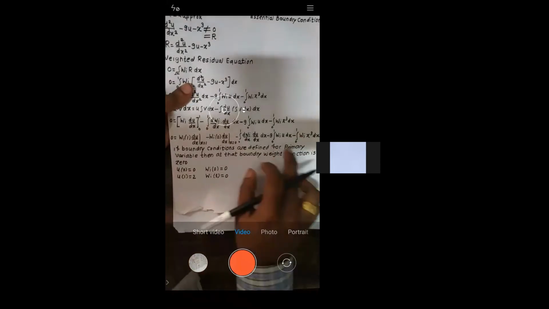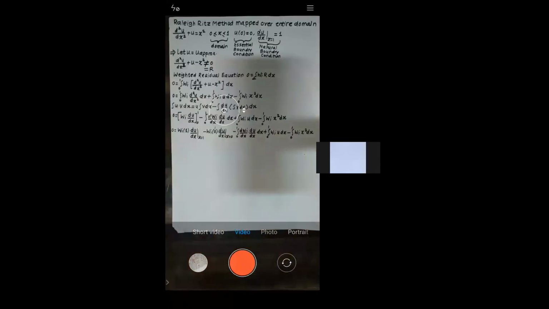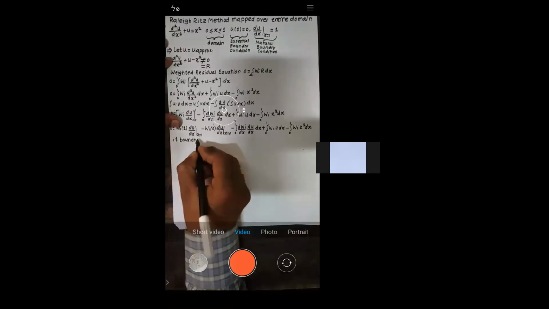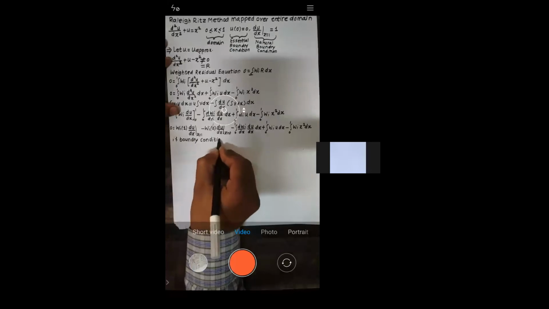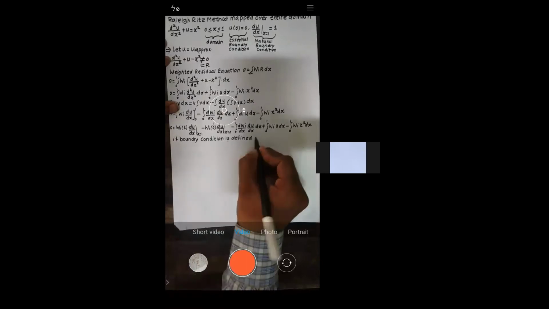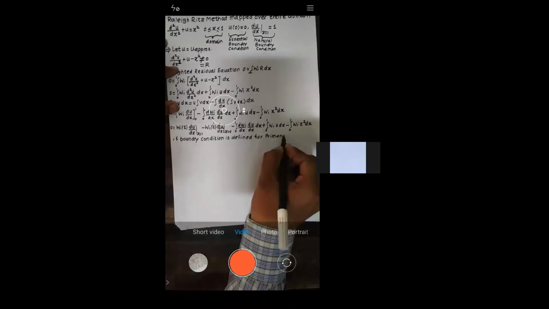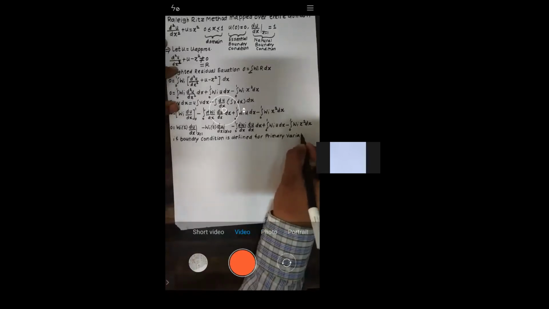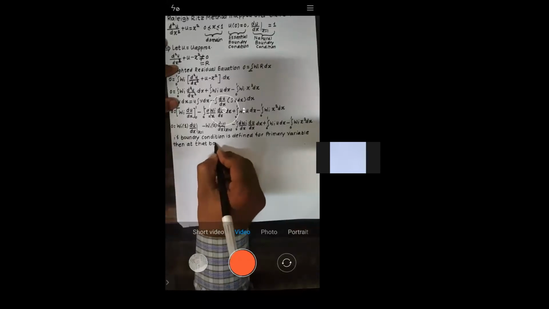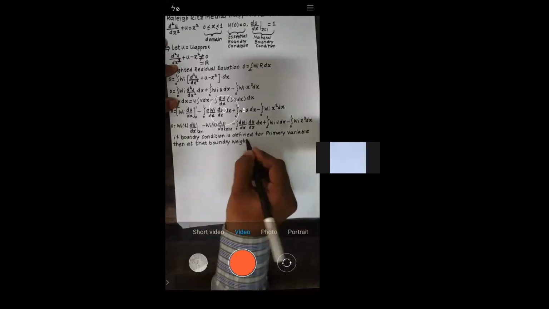See what we used to write: if the boundary condition is defined for the primary variable, then at that boundary the weight function is 0.